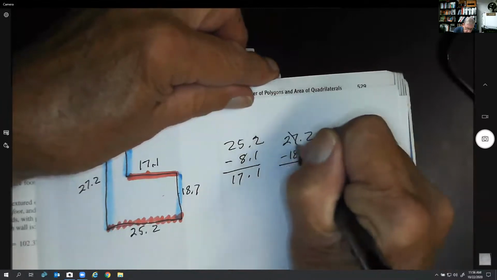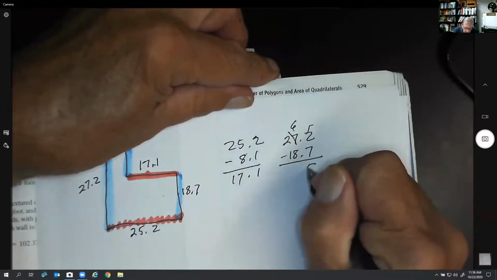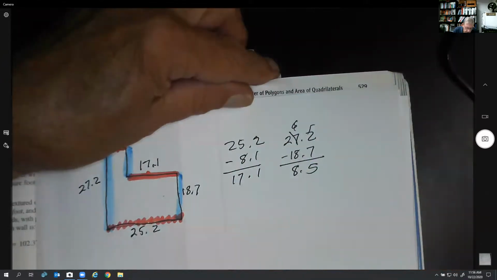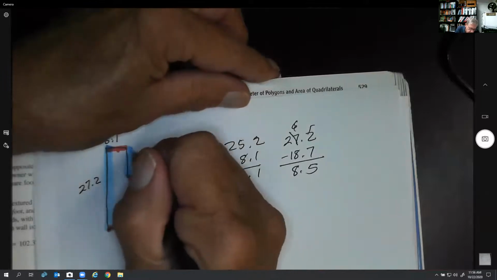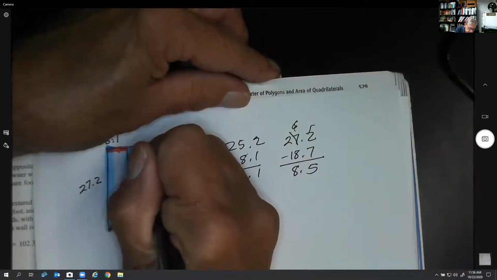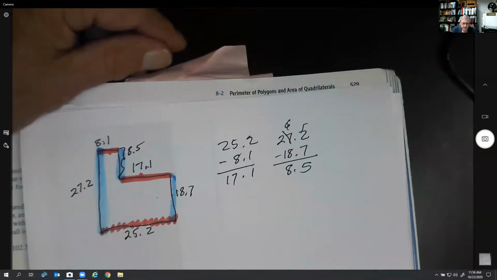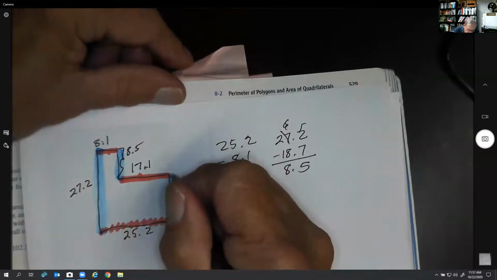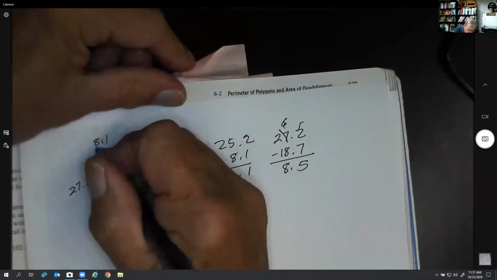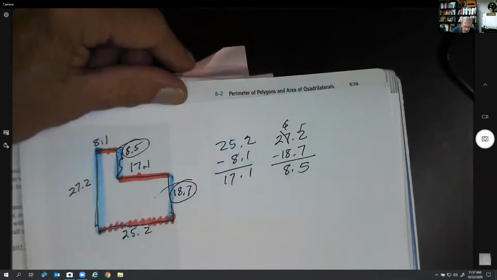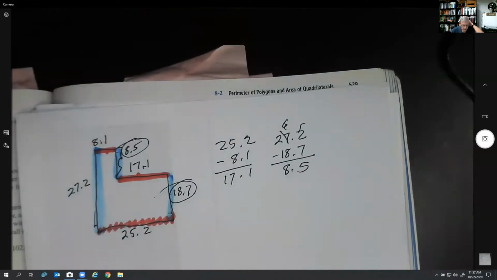Again, you could use a calculator. 8.5 will give you this measurement right here. See? So you just take the one you know from the total distance, and this number and this number have to add up to 27.2.